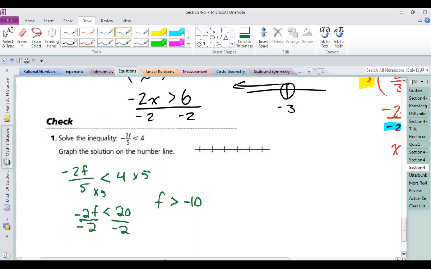She's perfectly correct, which is why she's getting 98 in my class. The sign switches because she divided by a negative. Right? Now, she would graph it. Negative 10, she'd follow the sign because the letter's first. Now, could she have done it this way?